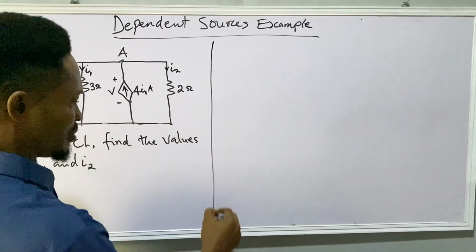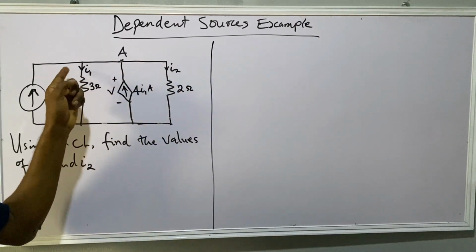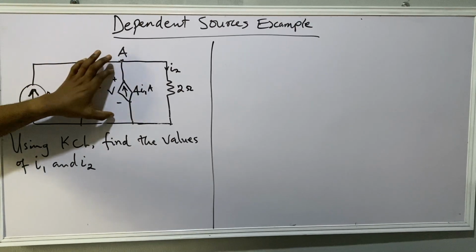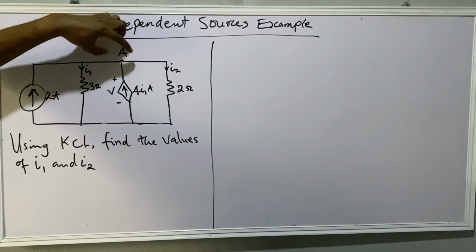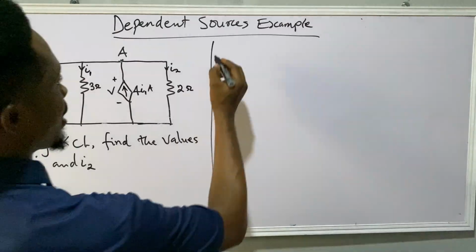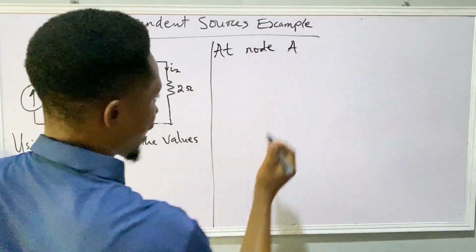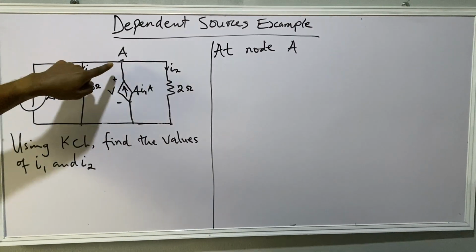It's very simple. Let's consider node A. This is a common point, a common node. This current, this branch, and this branch are all connected to this common point. So at this point, we take Kirchhoff's current law. At node A, we see that 2 amps is going into this node.